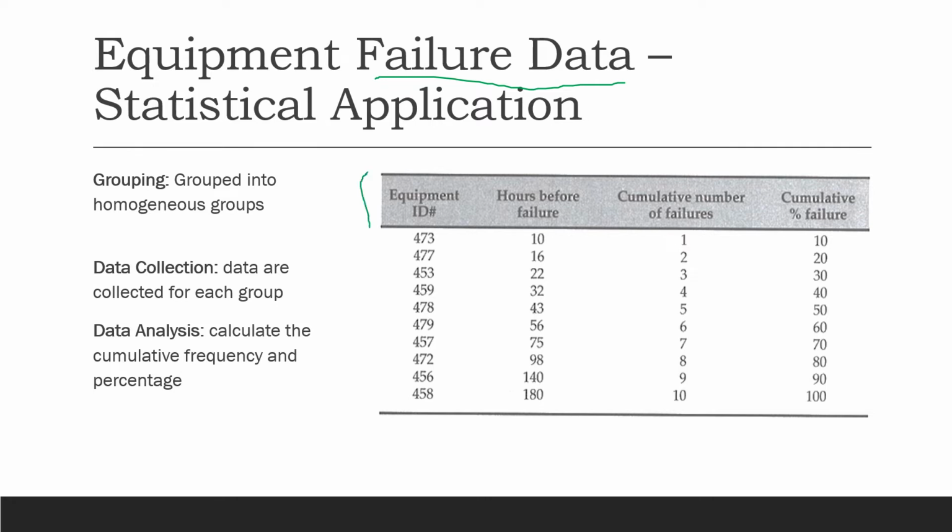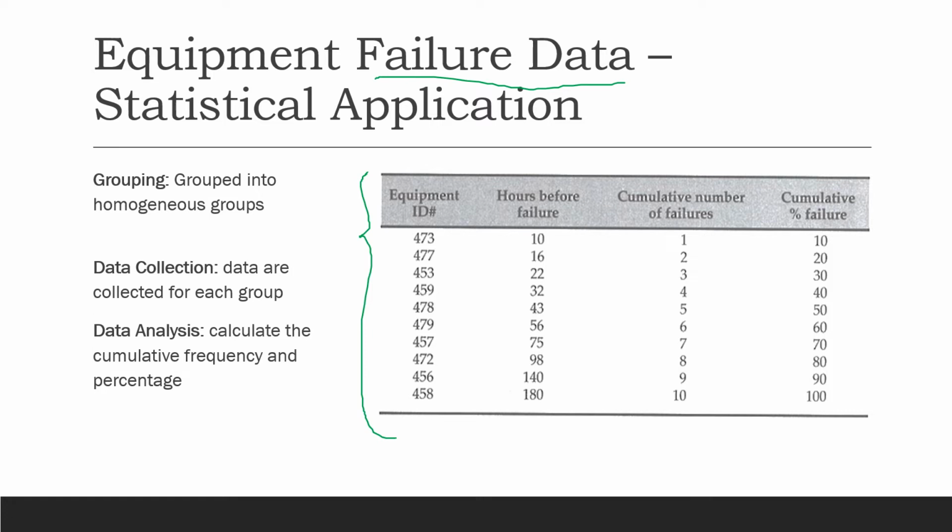That comes from testing it. I have my equipment ID, I identify my equipment that way, and then I study it. What am I studying? When it will fail, when it won't function. So I get my hours: after 10 hours, this thing is going to fail, and so on.